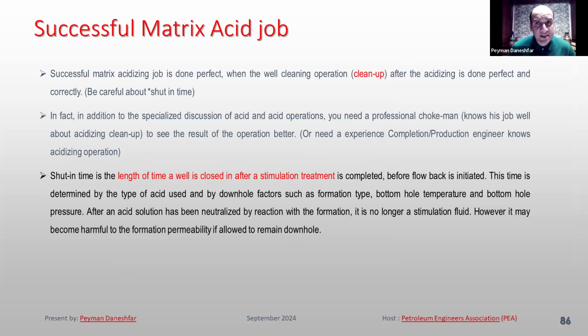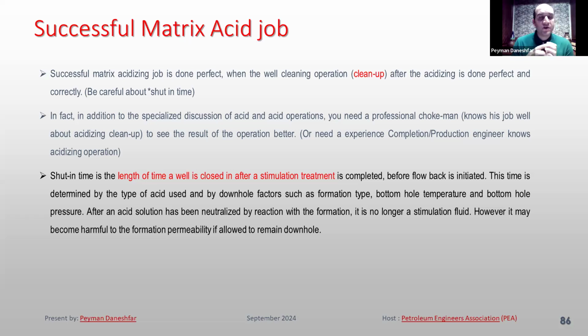So successful matrix acidizing jobs happen when our acid job is done perfectly, and when you clean up the well perfectly with the professional completion or production engineer consultant, or with a chokeman, because they should know when to open the choke or open the well to clean up the well.